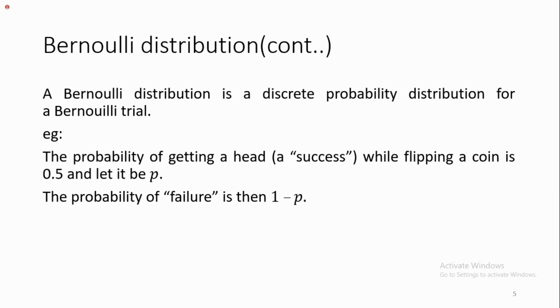Here I have given you one example. The probability of getting a head while flipping a coin is 0.5 and let it be simple p. This says if you toss a fair coin, there are only two possible outcomes, getting a head or getting a tail.